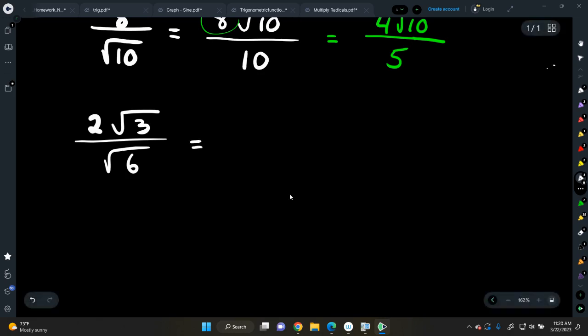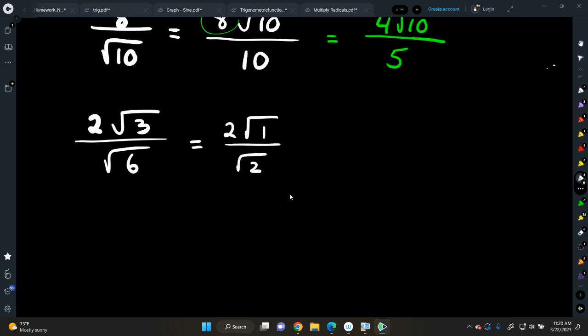So this is going to reduce to 2 root 1 over root 2. Right? The 3 and the 6 reduce. They're both inside. So now I have, what's the square root of 1? 1.